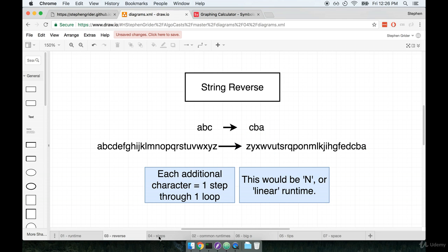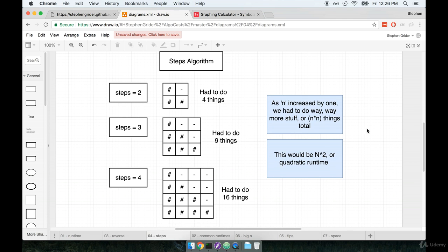Another good example of this would be the steps algorithm that we also looked at. In this case, we had said that for each increment of the steps argument, we had to print out some number of additional items in our result set. So not only do we have to process more data, or iterate through some loop more times, our result set also had significantly more entries inside of it for every record that was added in.